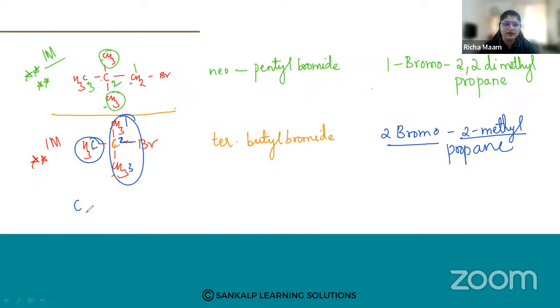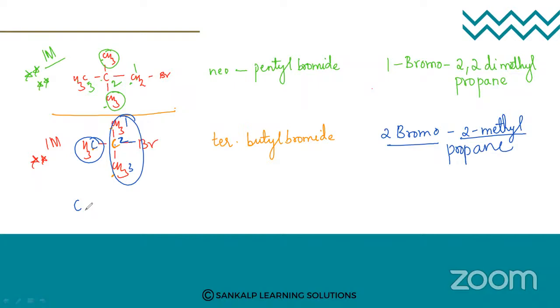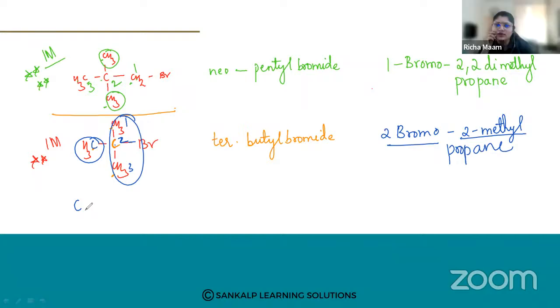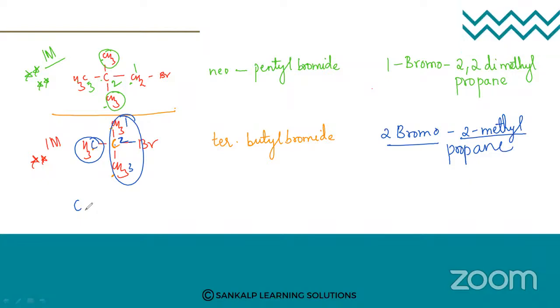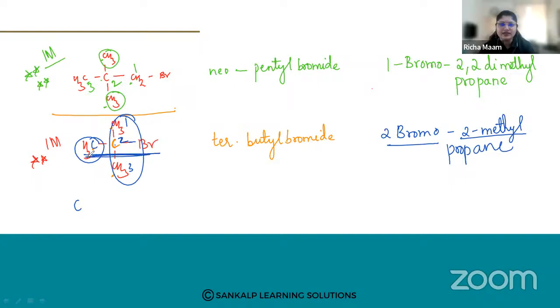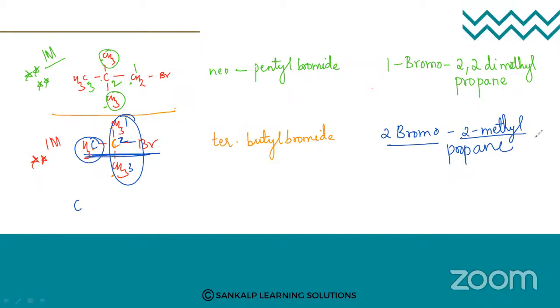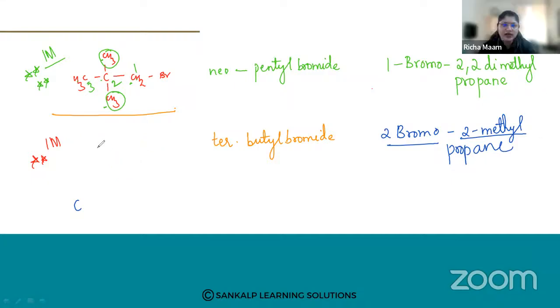Ma'am, why are you not applying horizontal numbering? Why not horizontal, like this? Because see here, how many carbon atoms will be there if I consider like this? 1 and 2.